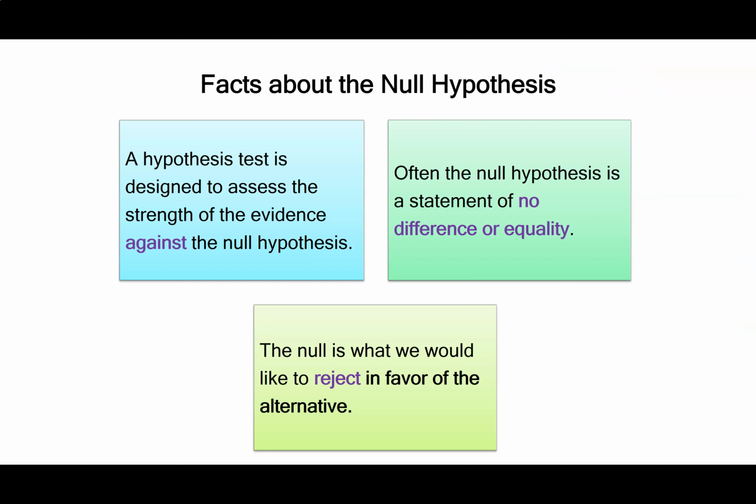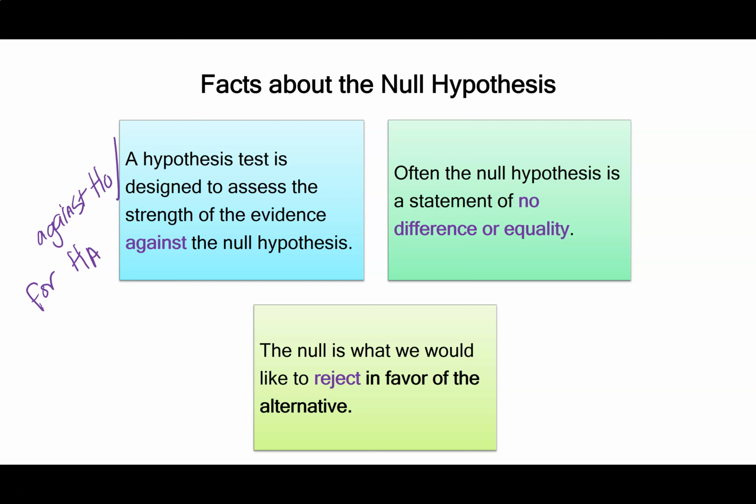So some facts here. We're pretty much trying to figure out how strong the evidence is against the null, or for the alternative. They're pretty much the same in our mind. The stronger the evidence that the null isn't true, the more you're demonstrating that the alternative is true.